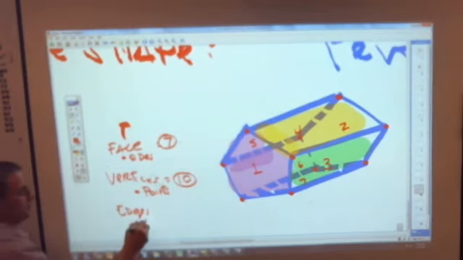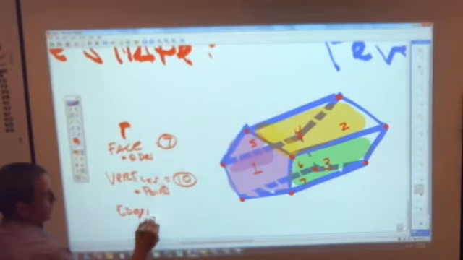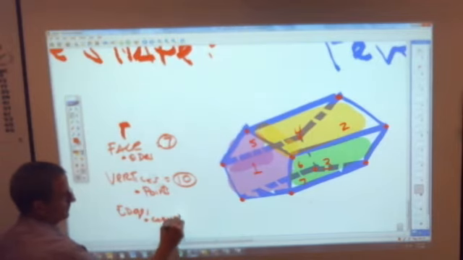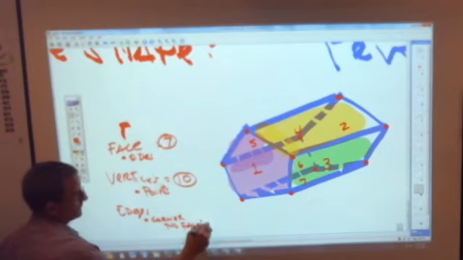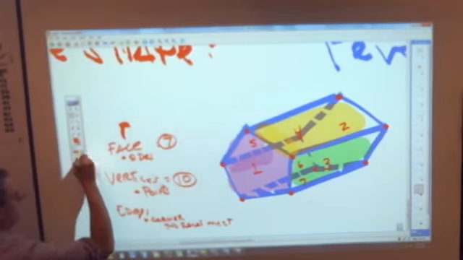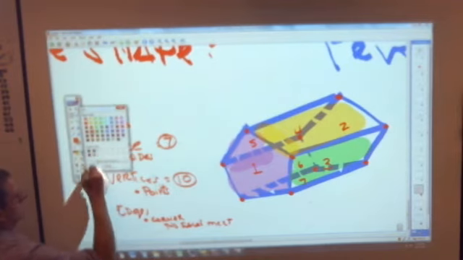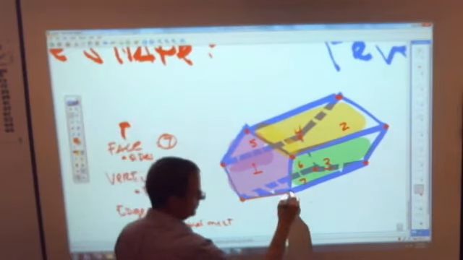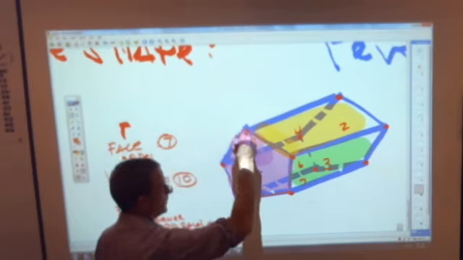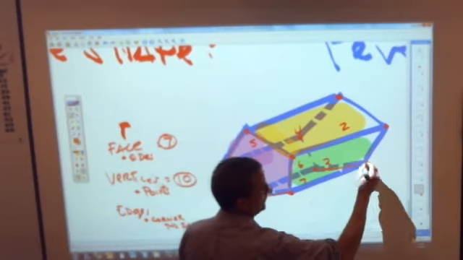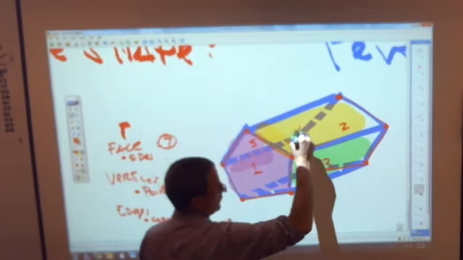And an edge is where it's kind of a corner where 2 faces meet. And those would look like this. What color should I make them? Let's go orange. Okay. 1, 2, 3, 4, 5. I've got the ones on the back. 1, 2, 3, 4, 5.